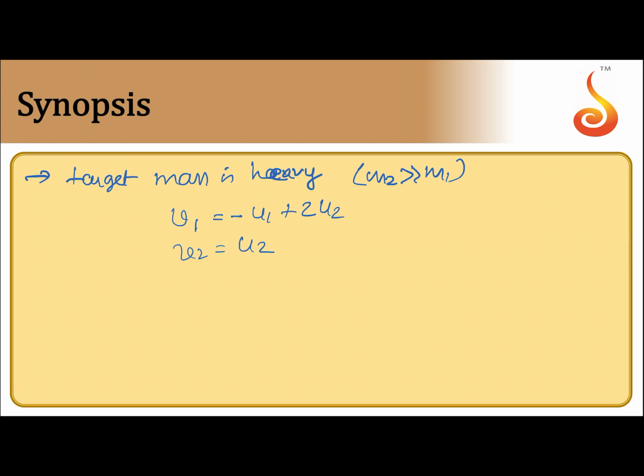If the massive target is at rest, that means u2 is equal to 0, then v1 is equal to minus u1 and v2 is equal to 0. That means when a light particle collides head-on elastically with a very heavy object at rest, the light particle recoils with the same speed and the target particle remains at rest.